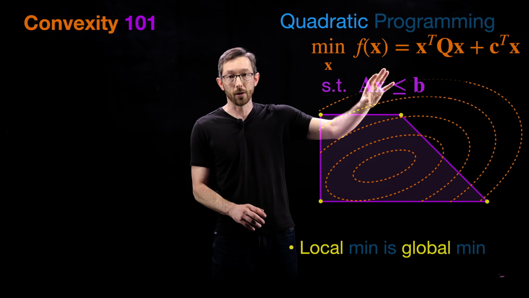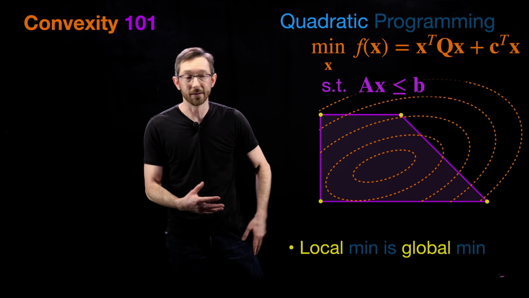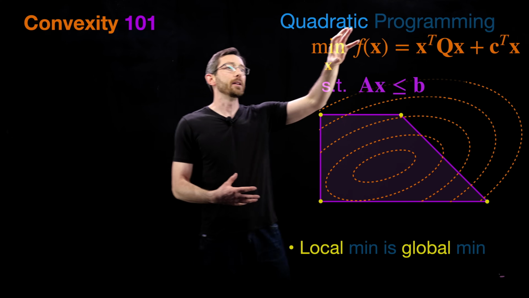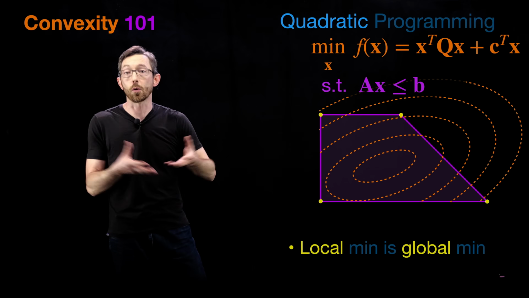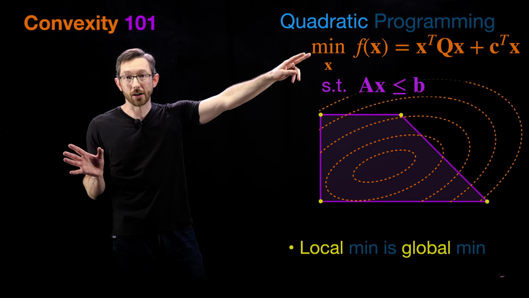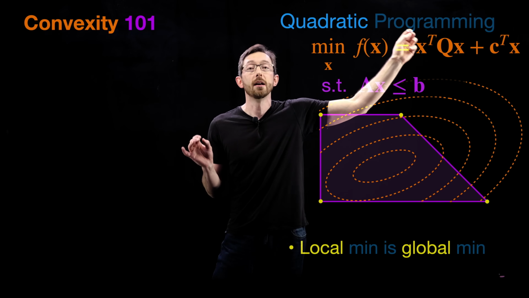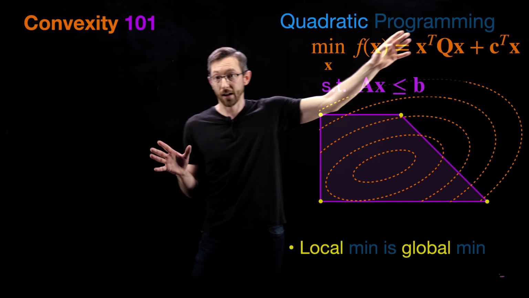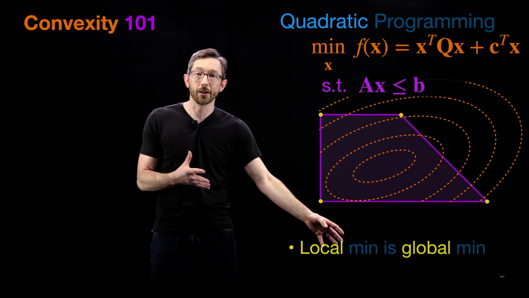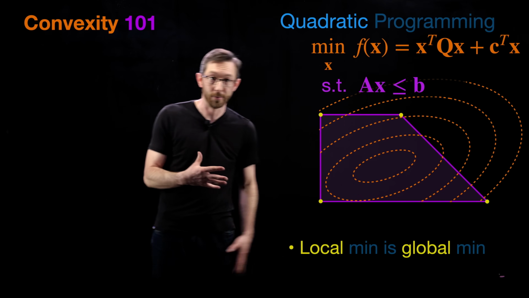The other big category of problems is quadratic programming, where you have a quadratic cost function and the same linear inequality constraints. So you still have a nice polytope feasible region, but now my objective function is quadratic in the state variable x. This is not both convex and concave. This is only convex, and it's only convex if Q is positive semi-definite. In that case, again, you'll have a convex optimization problem where local minima are guaranteed to be global minima.